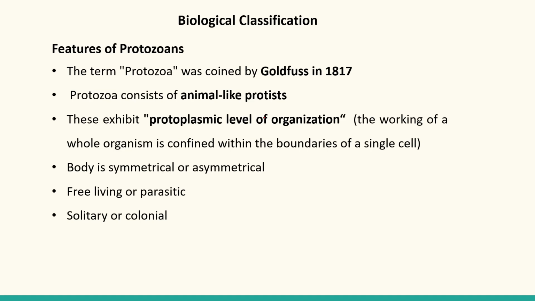The body is symmetrical or asymmetrical. In some organisms the body is symmetrical and in some it is asymmetrical. Like in amoeba, the body is asymmetrical. But if we talk about trypanosoma or paramecium, you can divide the organism into equal halves, so that is symmetrical in nature.